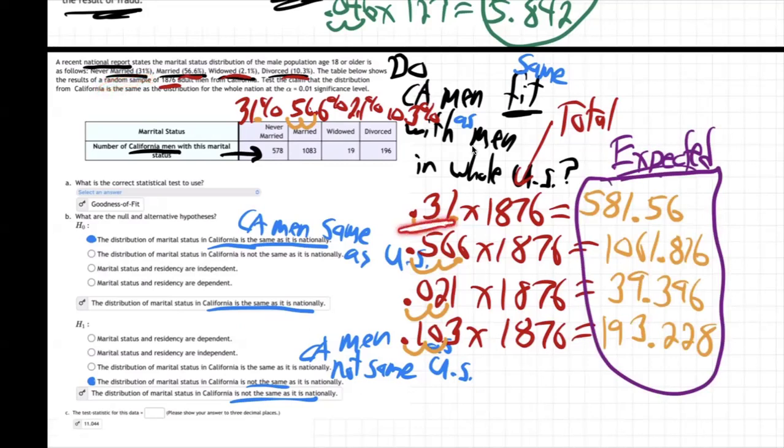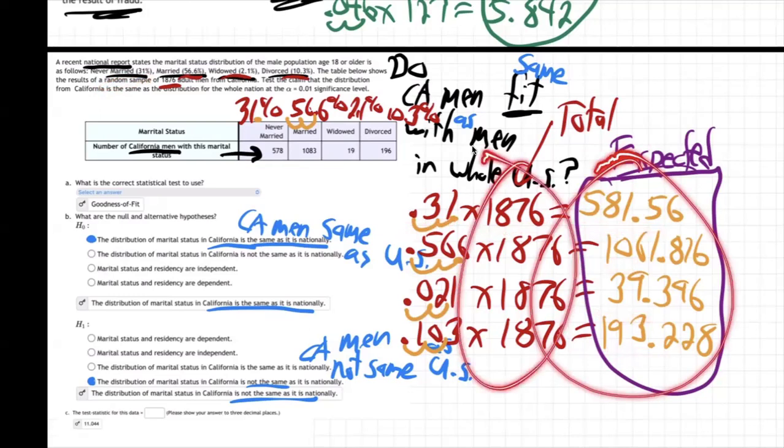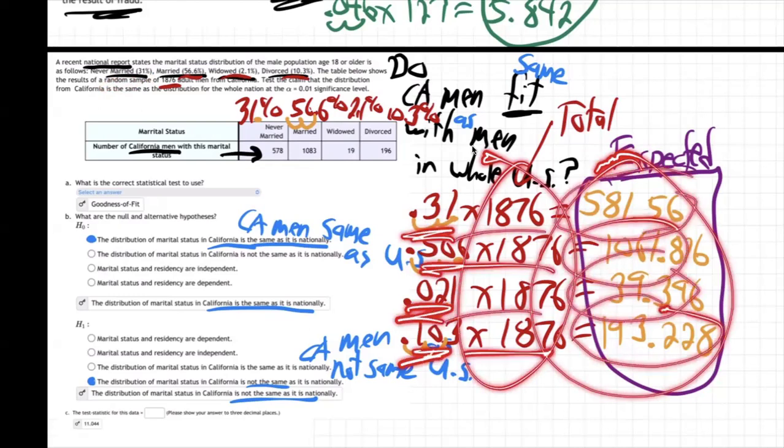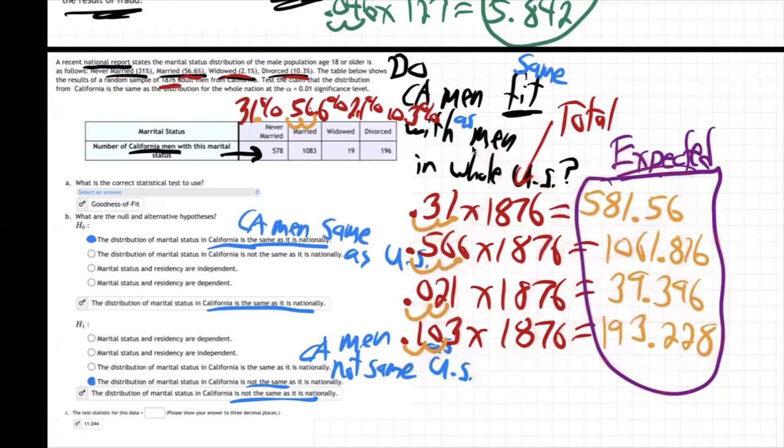So we would expect 31% of the 1876 California men in our study to never be married as well, if California men are really the same as men in the whole United States, which would be 581 men, and so on for the rest of the categories. So this is what we would expect to happen if California men are really the same as men in the whole nation, and we surveyed 1876 California men. If the same percentages held, you'd get this number of men in the various categories. And so we're going to put that in for expected.